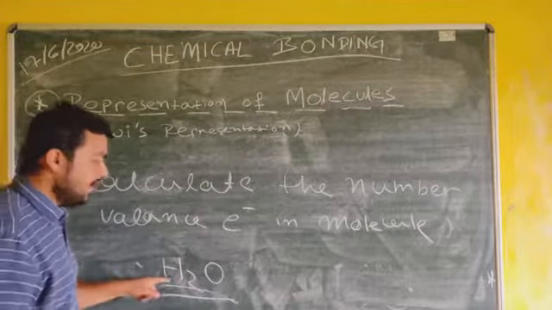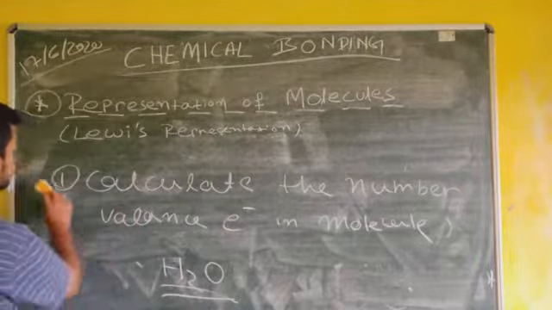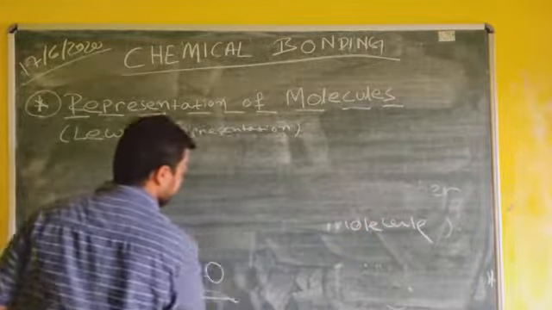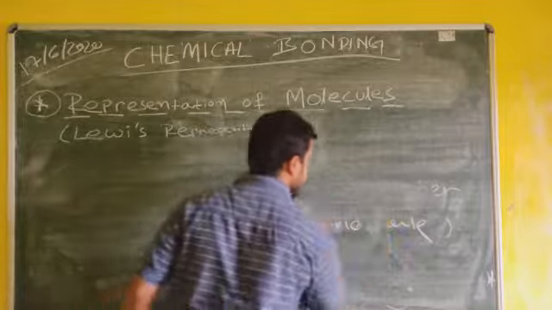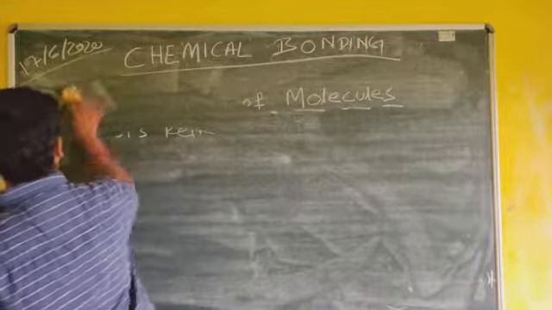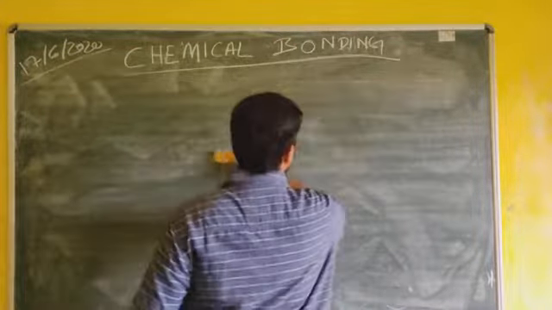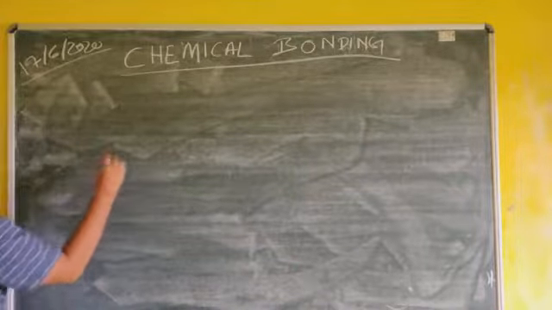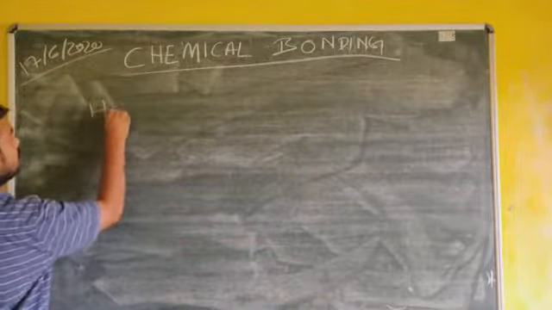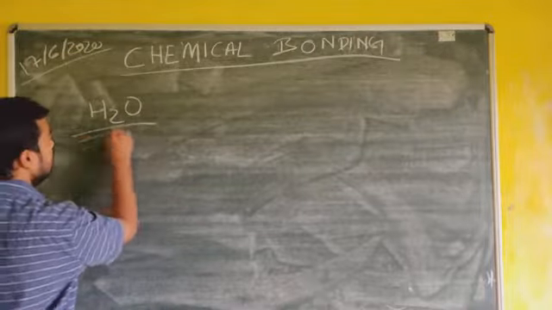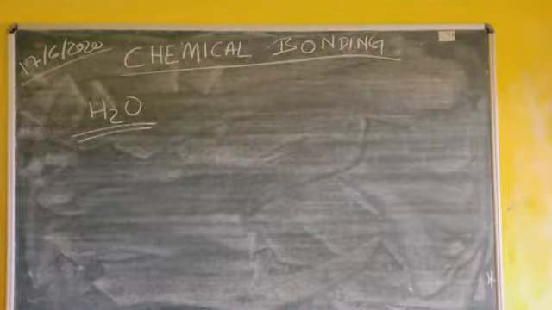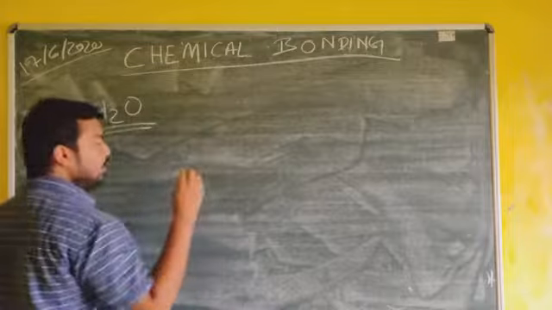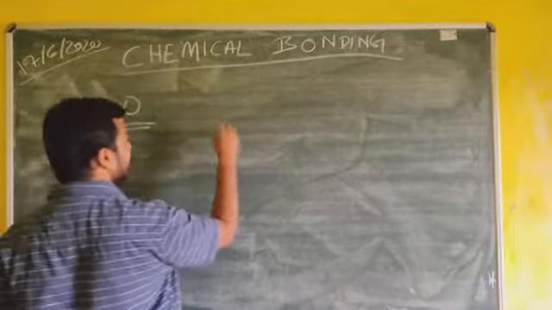Here the given molecule is H2O. We know there are two types of atom present in this molecule.